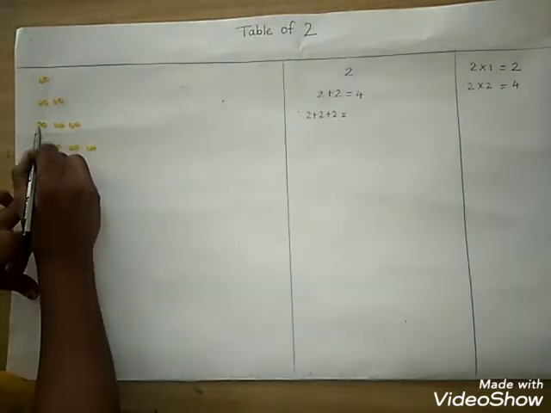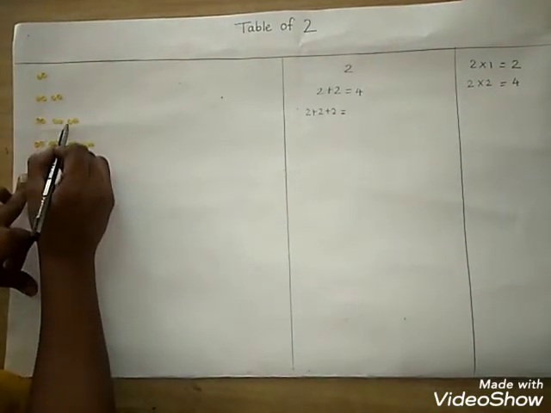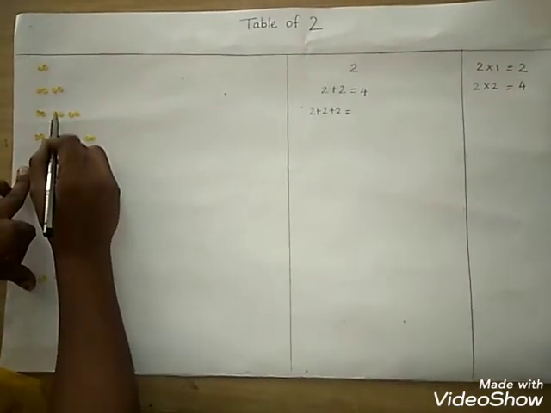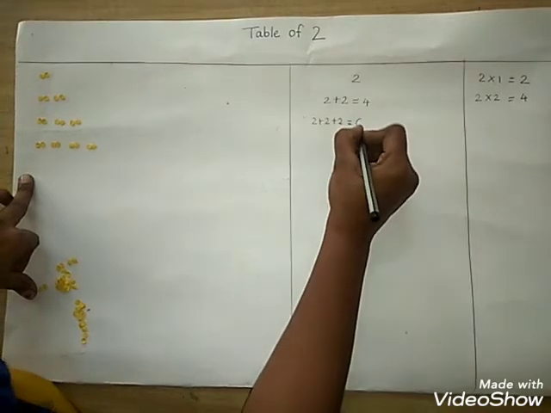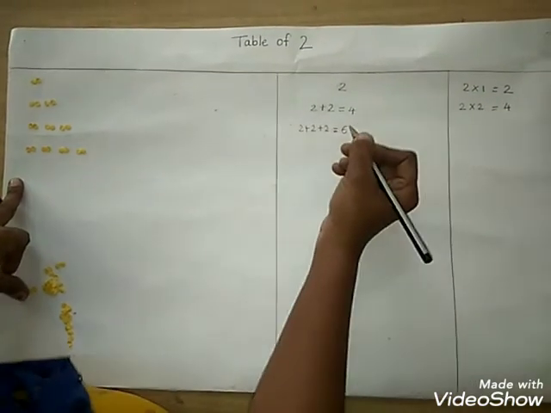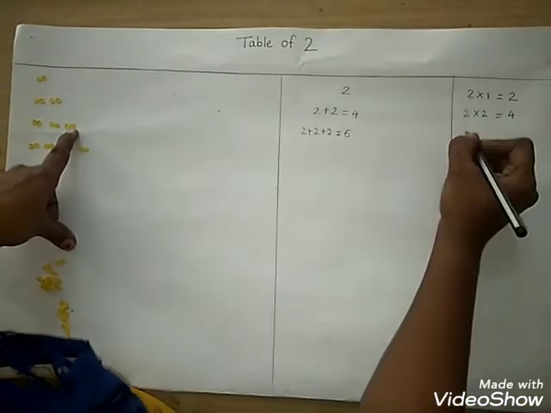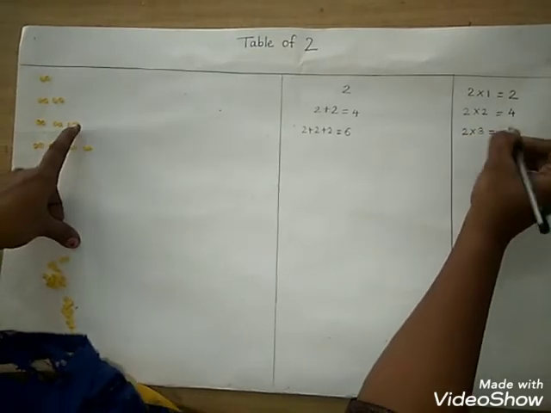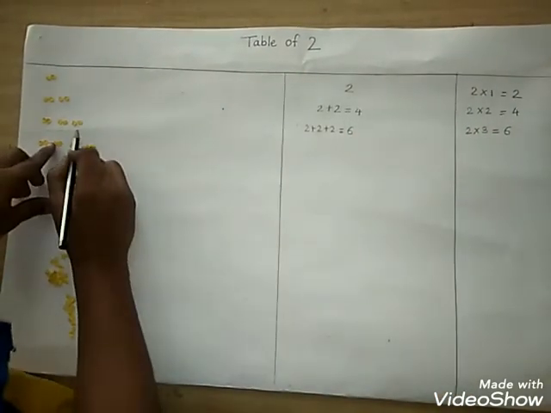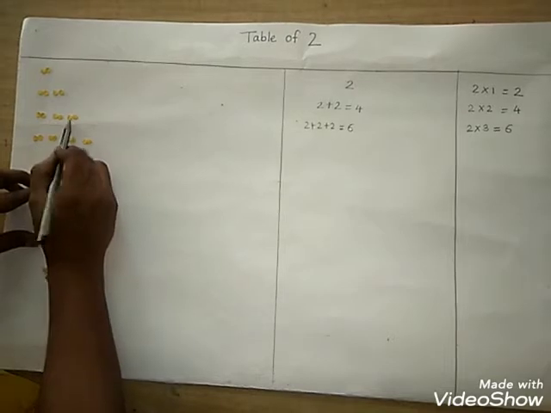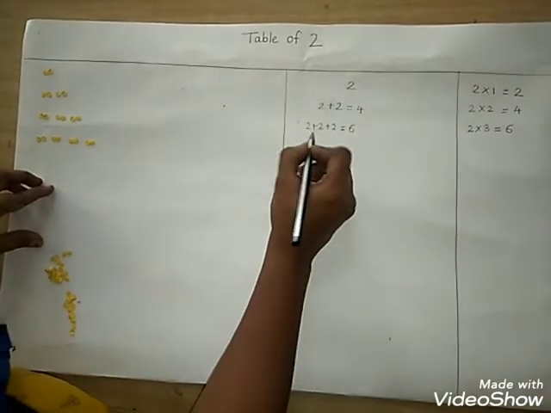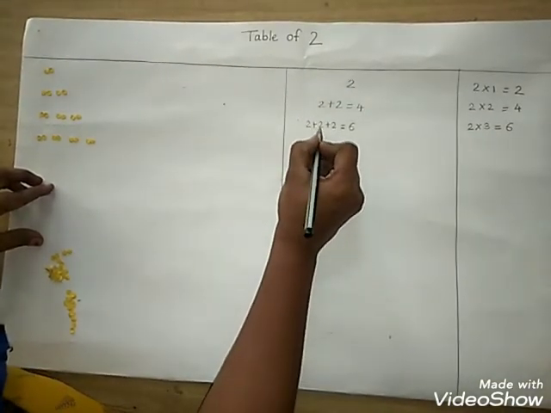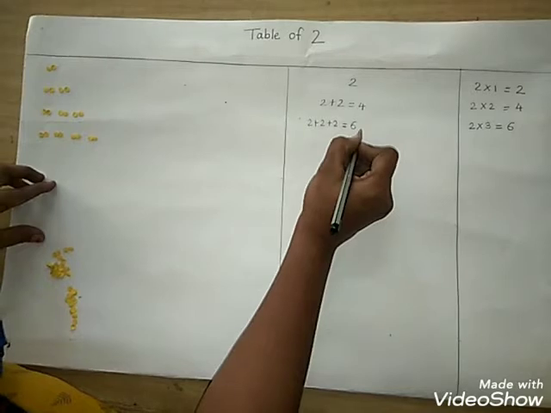Come on, count. 1, 2, 3, 4, 5, 6. 3 times 2, the total comes 6. Means 3 groups of 2 is equal to 6. In the other way we can write 2 plus 2 plus 2 is equal to 6.